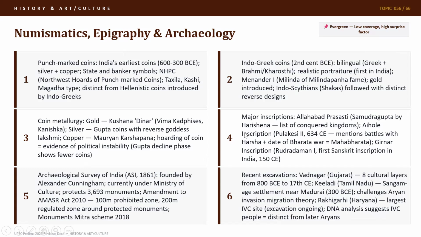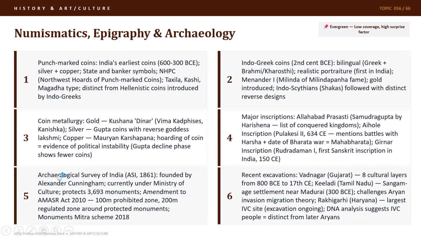So it was a battle between Pulakeshin II and Harsha, and date of Bharata War is also mentioned in the Aihole inscription. Girnar inscription is also very famous, which talks about Rudradaman I. First Sanskrit inscription in India is in the Girnar inscription, which was 150 CE, and it talks about Rudradaman I. So Girnar inscription again becomes very important because it was the first Sanskrit inscription in 150 CE talking about Rudradaman I.